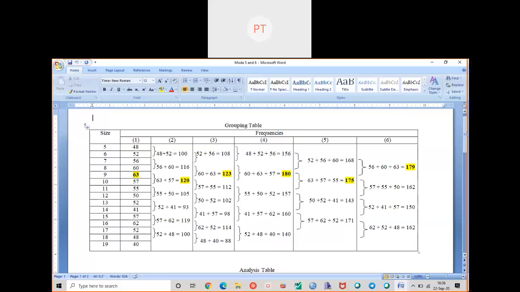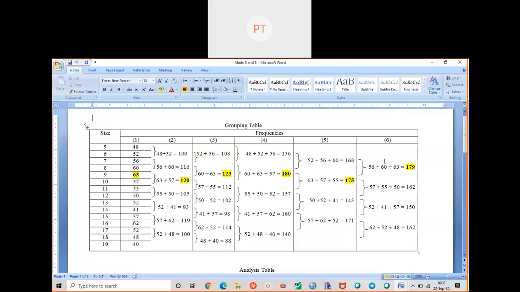So the grouping table is the main thing, because we prepare the analysis table from the grouping table only. As you can see here, we have columns 1, 2, 3, 4, 5, and 6. Column 1 is the normal frequency. Column number 2 is the sum of the first and second frequency.